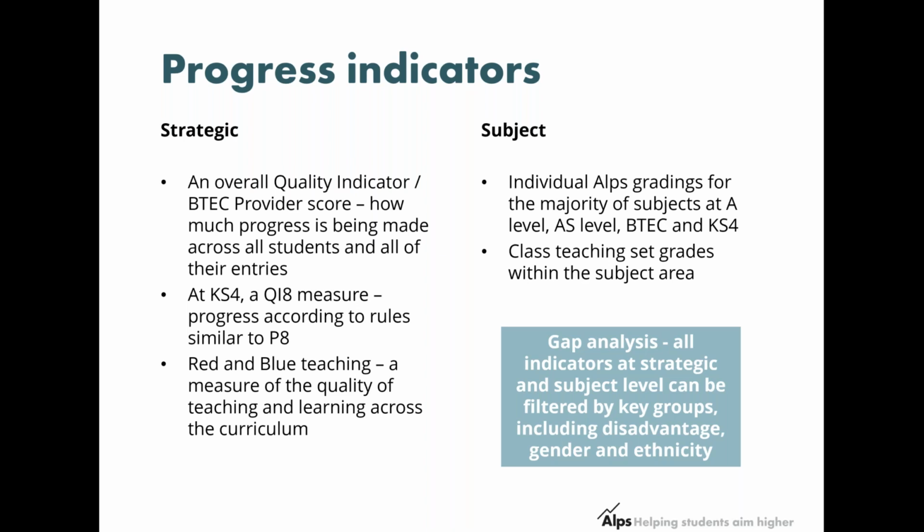At this point, let me say that every single one of those indicators, you can filter key groups. So disadvantage, gender, ethnicity are your standards, but your school or college might have also incorporated some custom fields as well that they might be tracking against. SEND, for example, is probably the most popular.